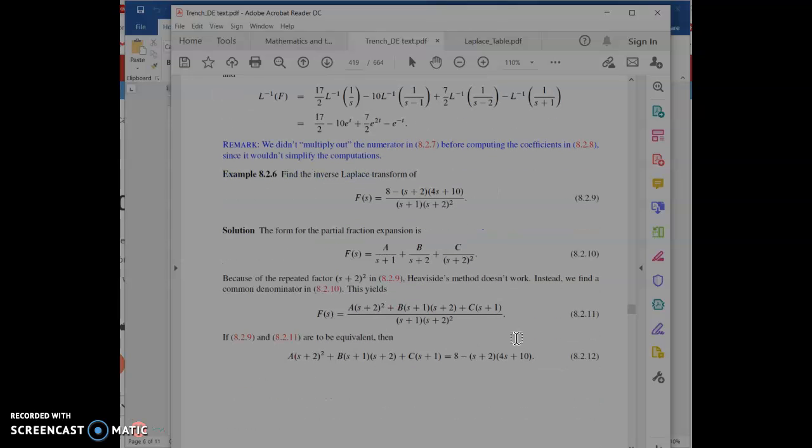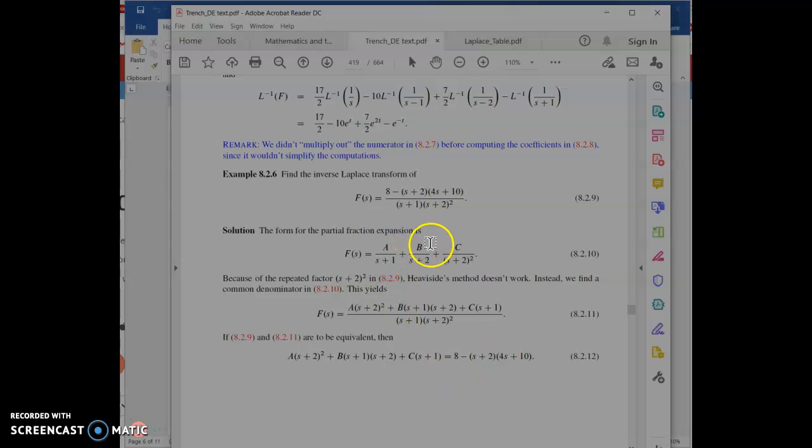I want to just remind you about partial fraction expansion. In those previous two examples, the factors in the denominator were all distinct. And just a reminder, when you have a repeated factor, like here in example 8.2.6, the one that's repeated has to appear as a denominator to the first power, second power, third power, however many you have.